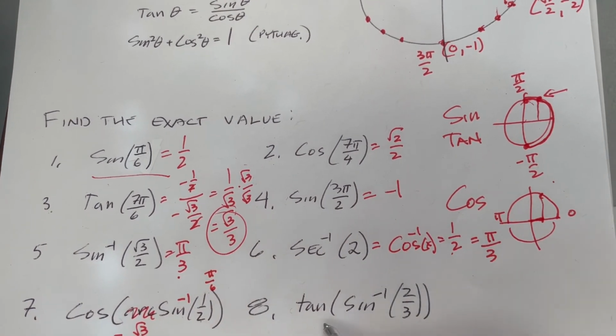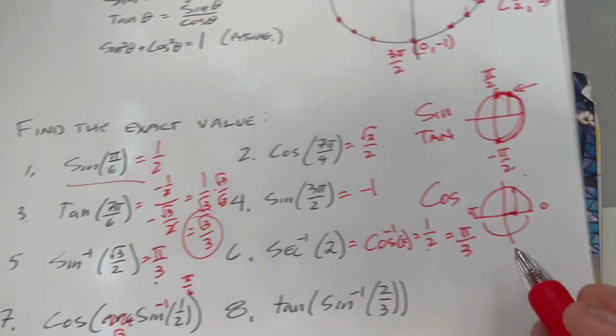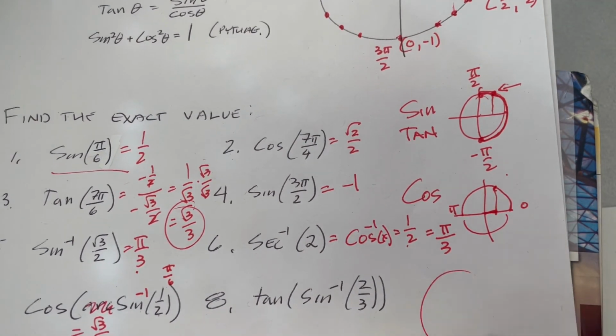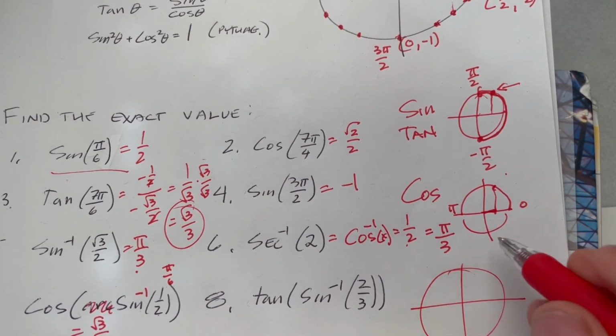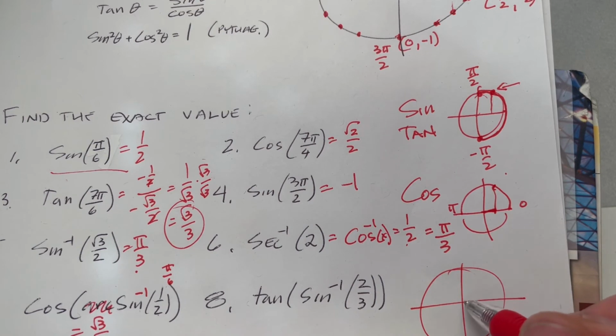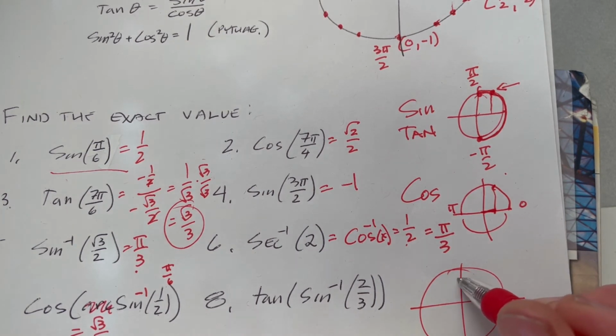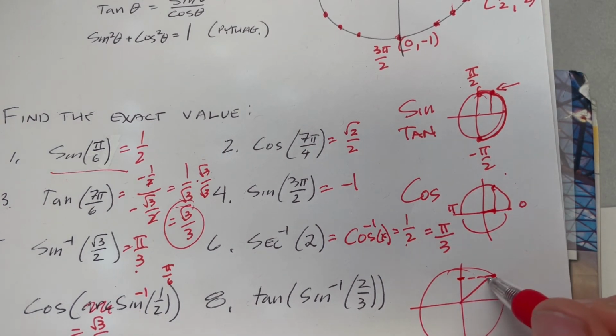All right. What's the tangent of the inverse sine of 2/3? Okay, so in this case, for the inverse sine of 2/3, we need to make a little right triangle. If I have a triangle that hits 2/3 of the way up, it would be an angle something like that.